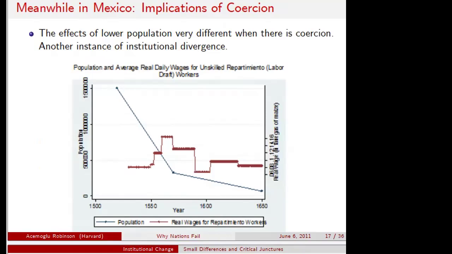This is due to the catastrophic impact of European disease on the indigenous population. Some estimates suggest that 90% of this indigenous population died within a century of Spanish contact. And the second thing is the wages for these workers in the forced labor system.